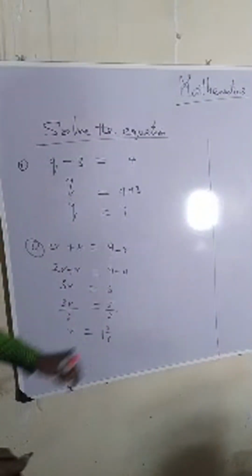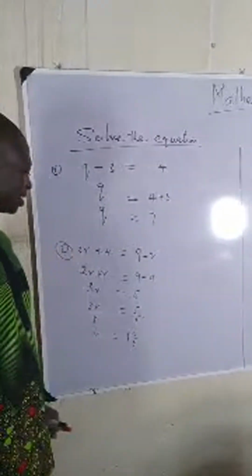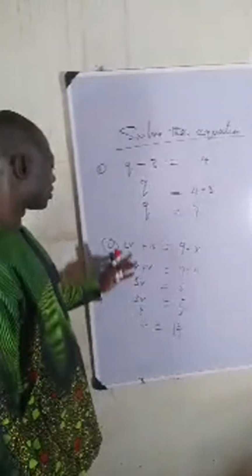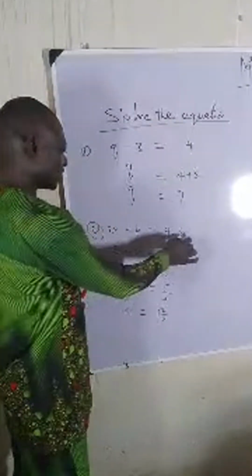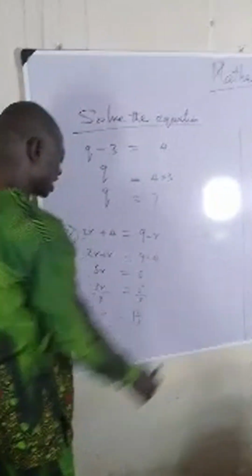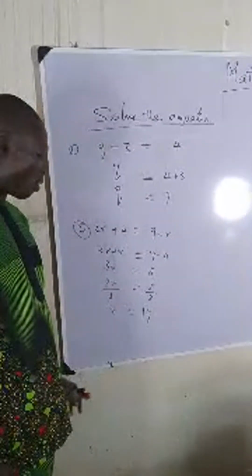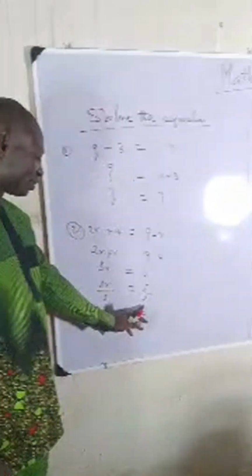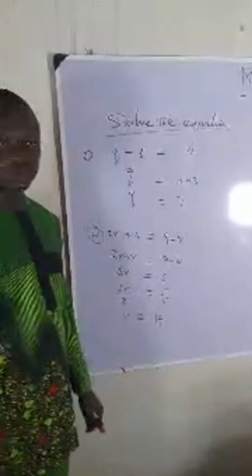In this case, it is allowed to stay as a mixed number. The correct answer for R, which when you put it here makes what you have here and what you have on the right hand side equal, is 5 over 3, or one whole number 2 over 3. I hope this is understood.